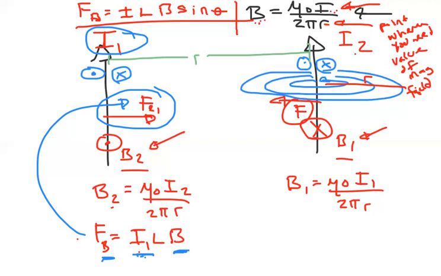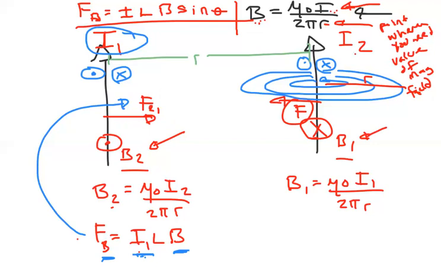Do you see how I'm explaining that, Juliana? I want to make sure that makes sense. Could you say that again? Sorry. Yeah. So right now we're looking for the force onto I1. Oh no, absolutely. This is complicated stuff.